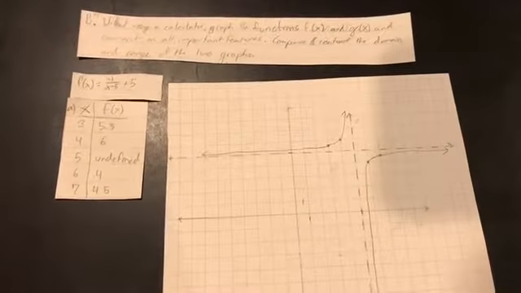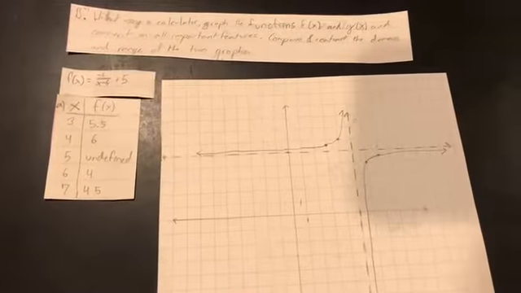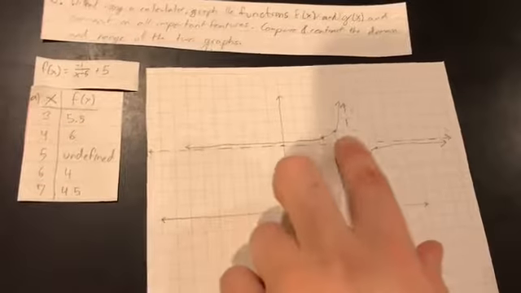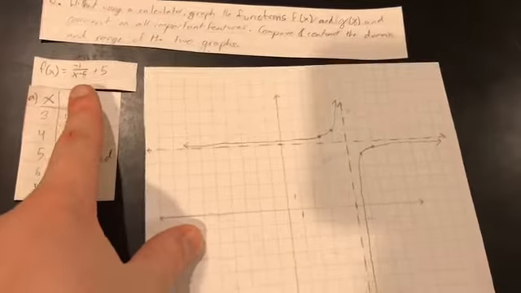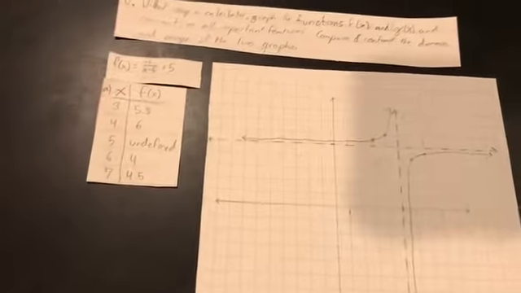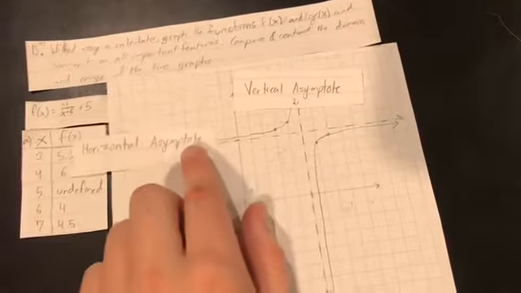And they're moved over 5 and up 5 because this indicates a shift to the right and a shift up. So it says to comment on the important features of the graph. We have our vertical asymptote, which is this line right here. We have our horizontal asymptote, which is this line right here.